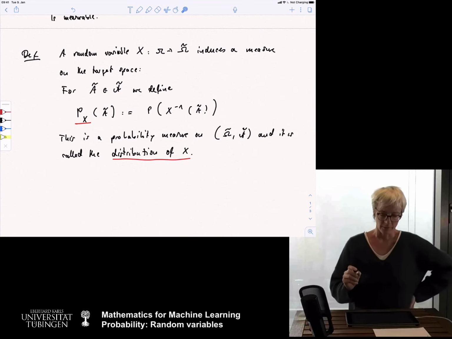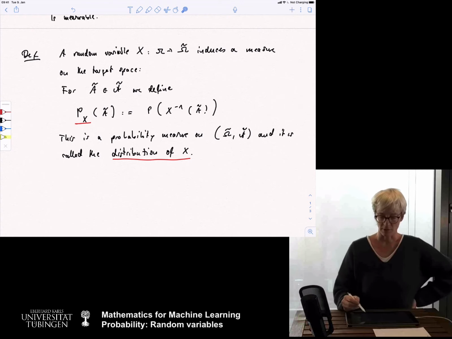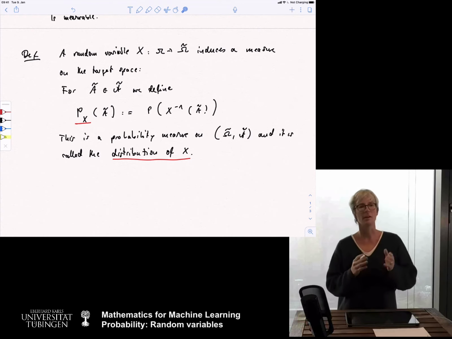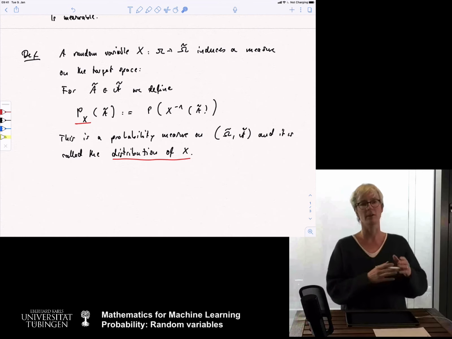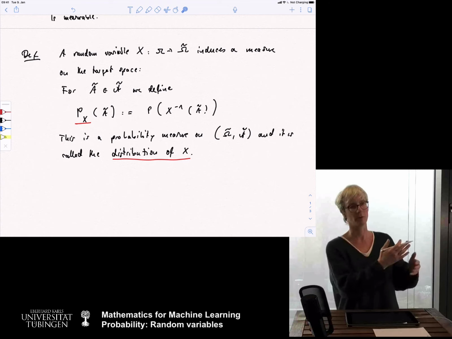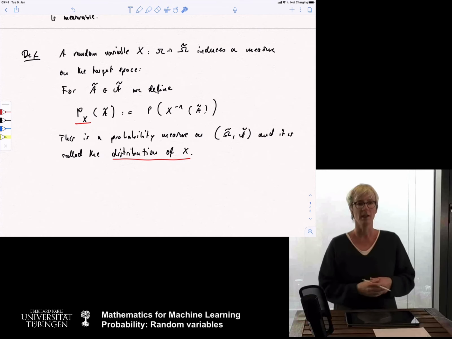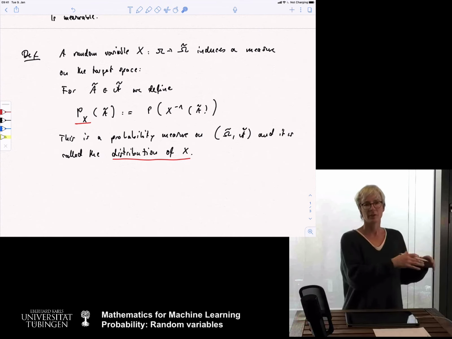Now sometimes it is a bit unclear which sigma algebra I should choose on my target space, because the space I know essentially is this original space omega, like the set of all people in the world and the probability of sampling each of them.